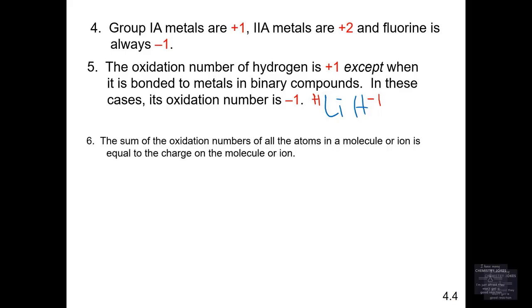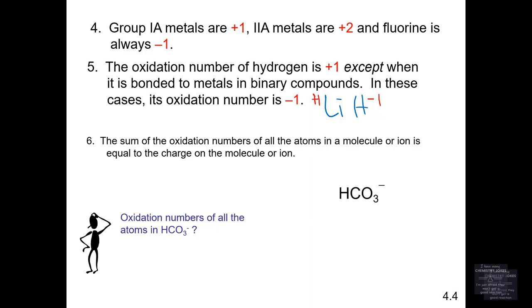The sum of the oxidation numbers of the atoms has to be equal to the charge on the molecule or the ion. Let's look at one. According to our rules, oxygen always has a charge of -2. According to our rules, hydrogen always has a charge of +1 unless it's in a binary metal compound. Carbon was not part of our rules. Carbon is an unknown in this compound. So if we have 3 times -2, that's -6, because there are 3 oxygens, and a +1.